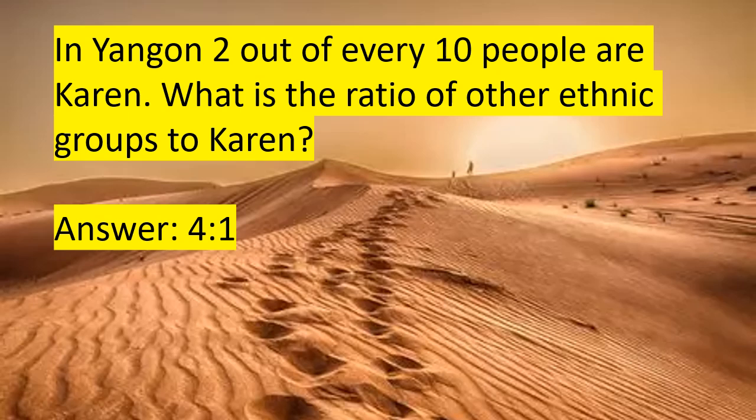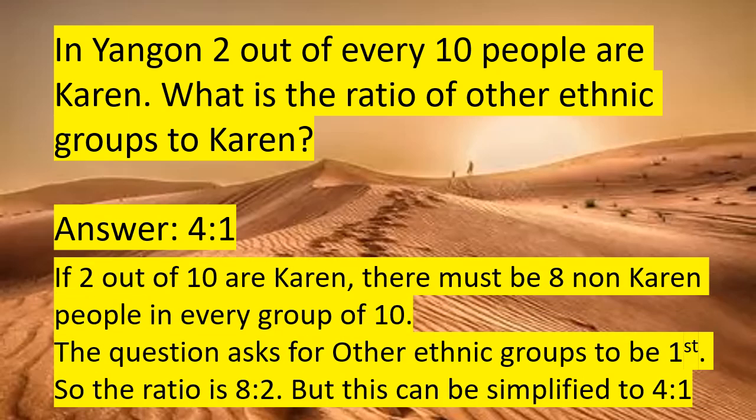Where did that come from? Well, if 2 out of 10 are Karen, there must be 8 non-Karen people in every group of 10. So the question asks for other ethnic groups to be first, so the ratio is 8:2. This can be simplified to 4:1.